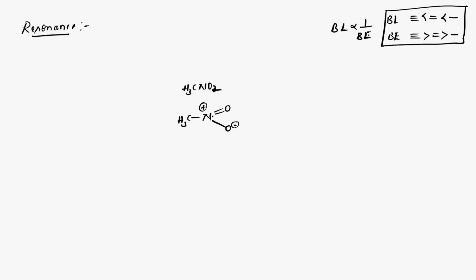Consider the bond energy of N double bond O as X, and the bond energy of N single bond O as Y. According to the known data, X is greater than Y.